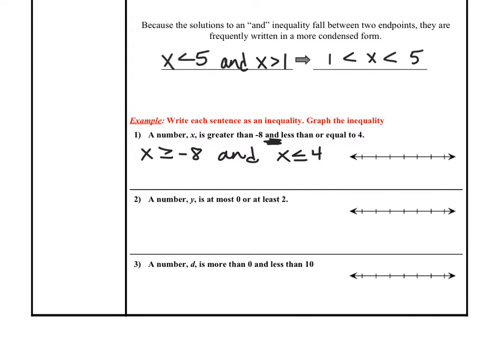But if you remember from just a second ago, I want you to write it like this, combined into basically one big inequality. So the x goes in the middle, smaller number on the left, which is, yes, -8, and bigger number on the right, which is 4.